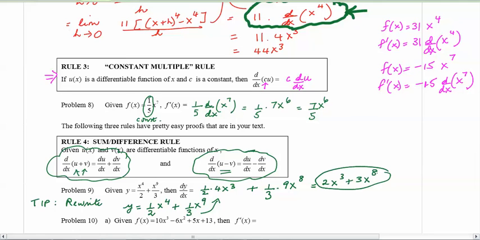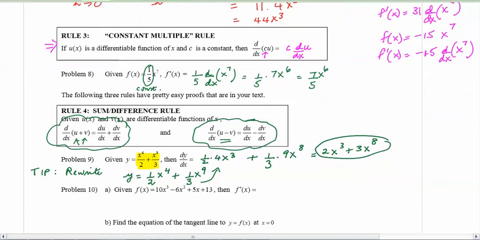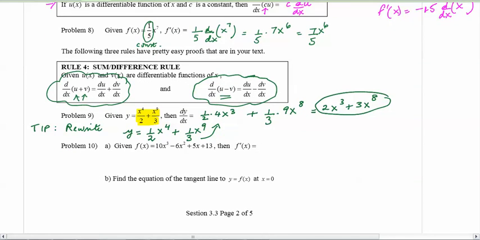Okay, so to recap, what we had was the sum of two functions, so I just find the separate derivatives and add them. And then when I look at each one, they can be written as a multiplying quantity, 1/2 times x to the 4th, and then 1/3 x to the 9th, and I can use my constant multiple rule. So there's a nice problem.